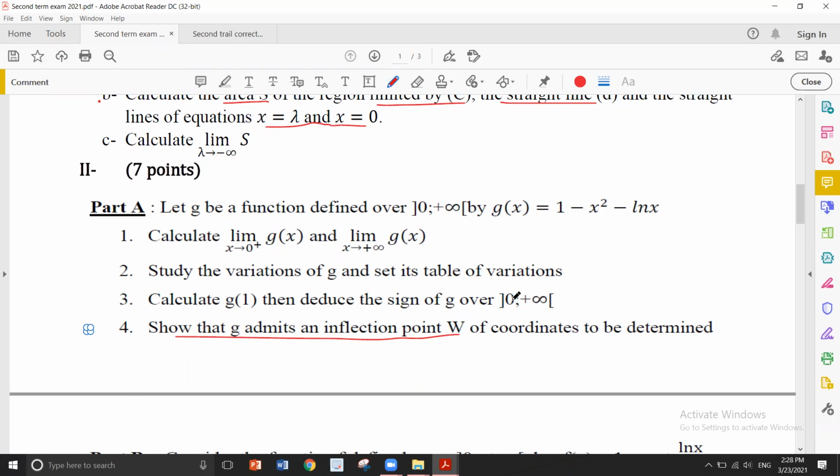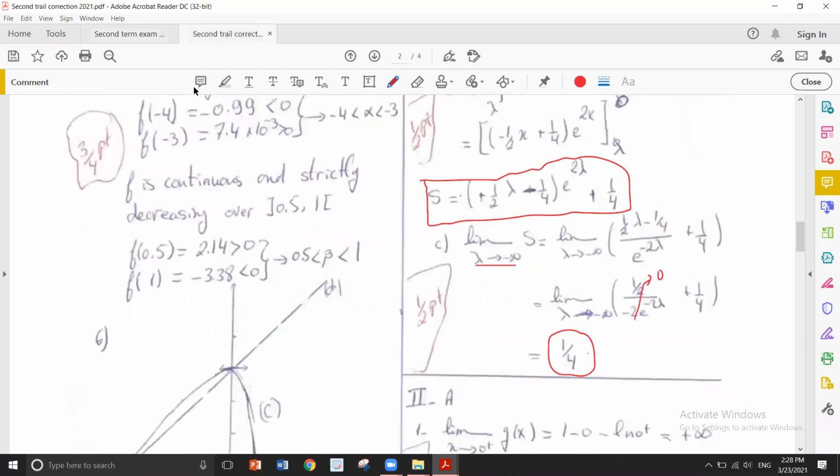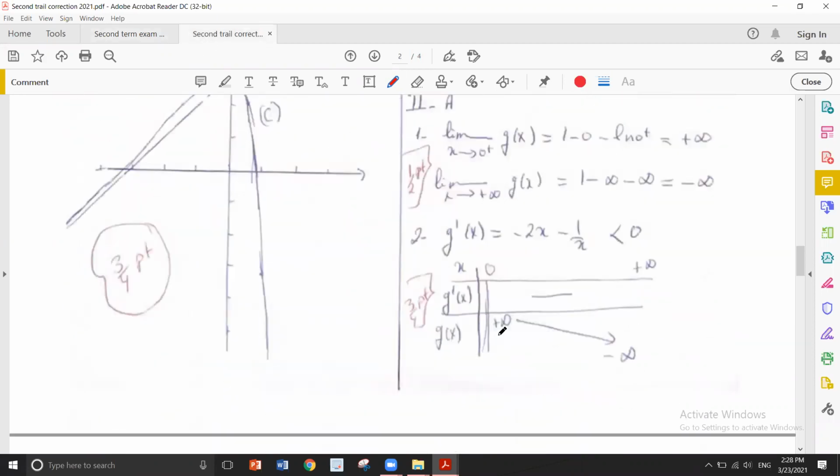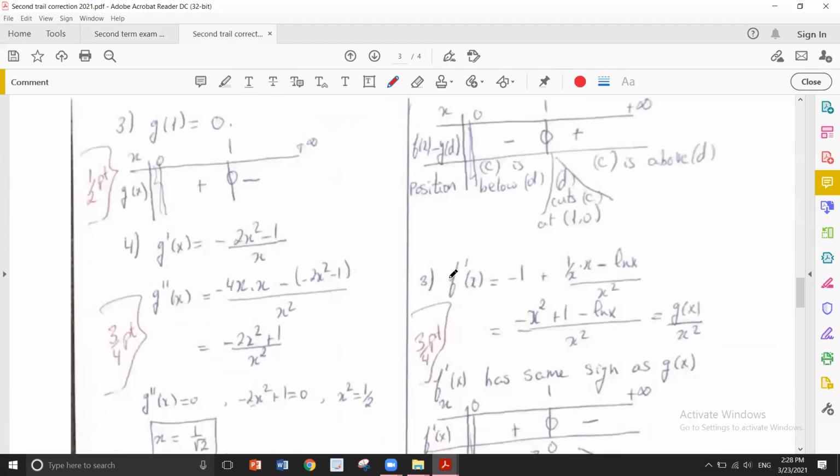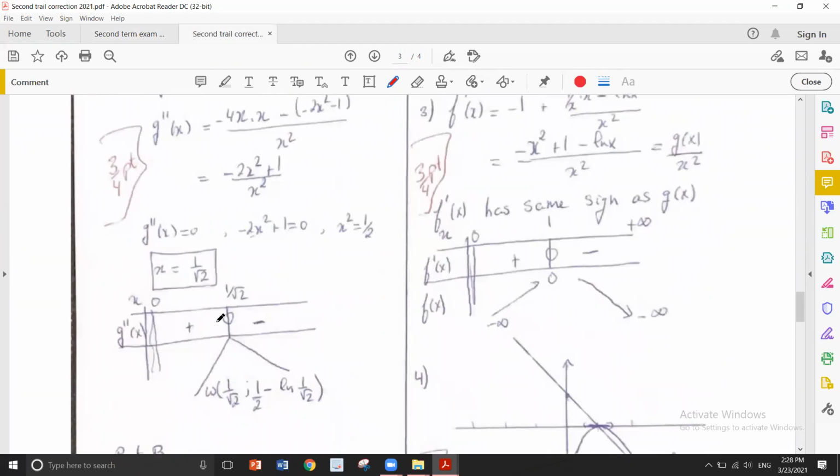We have to make a table. Like this table, with g double prime x positive, negative. You have to prove it changes sign and you have to say that this point is a point of inflection.